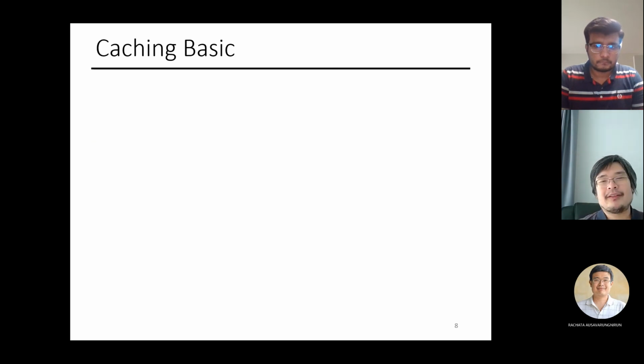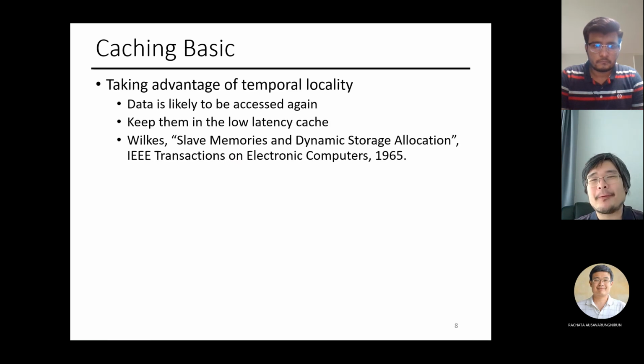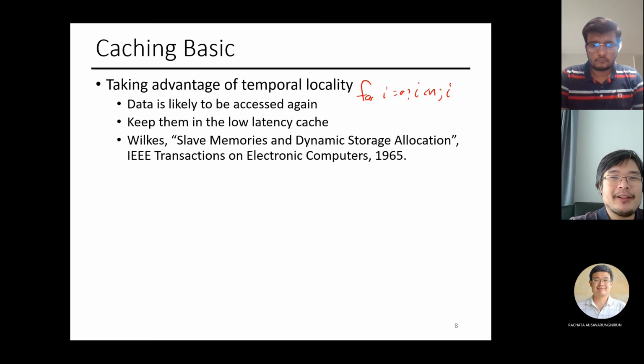First, let's talk about how you program. There is this thing called temporal locality. This is really easy to understand. If I use a variable, there's a high chance I use that variable again. A loop, for example: for i = 0; i < n; i++.